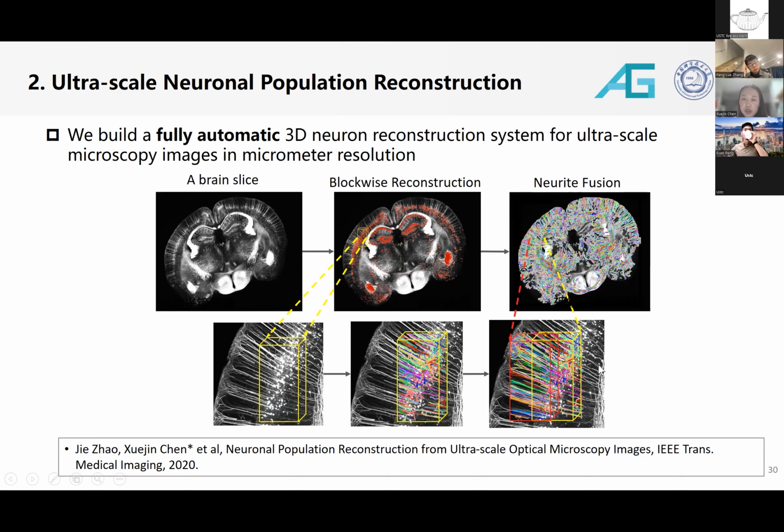After we reconstruct neuron pieces in each block, we design neural fusion methods to combine all the reconstructed neural skeletons together to complete the neuron population reconstruction at brain-wide size.